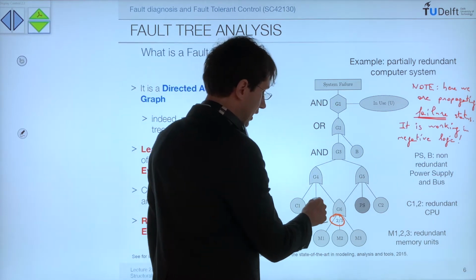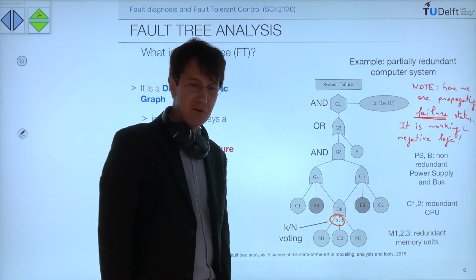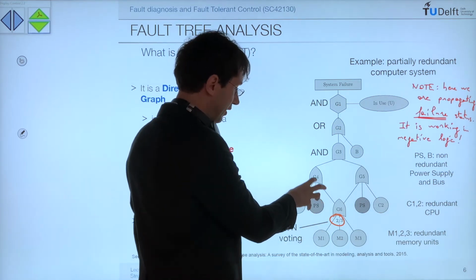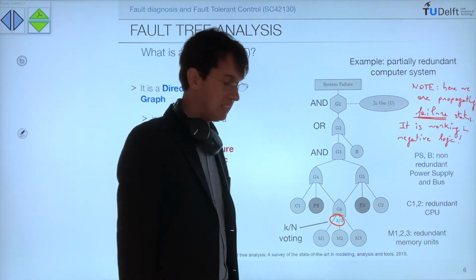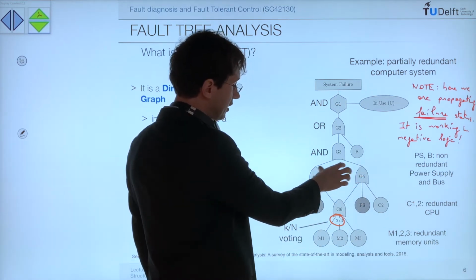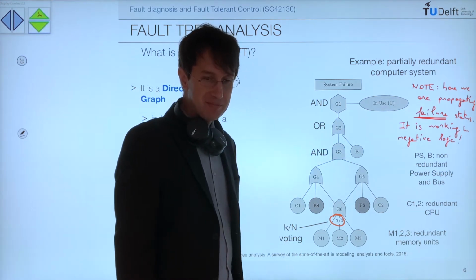As the power supply is appearing in both branches, when the power supply is broken, both this branch and this branch will propagate a true. And you see that these branches are connected here by an AND. So what happens?